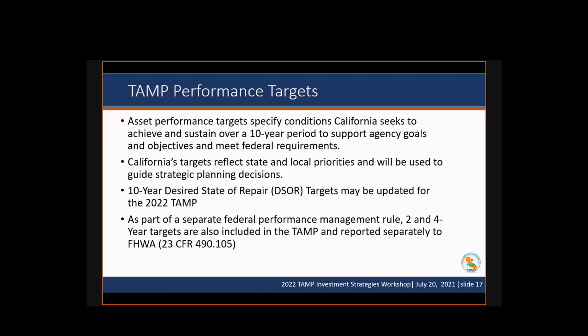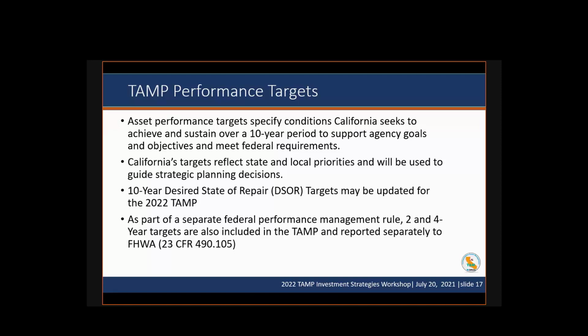Part of this, and it's hard to have this conversation without talking about performance targets, because a big part of looking at the condition is looking at the performance gap between the inventory and condition you have currently and the inventory and condition you expect in the future. So, keeping it simple, if the inventory was unchanged, but we had a goal of better pavement or better bridges, that's going to take an investment, right?